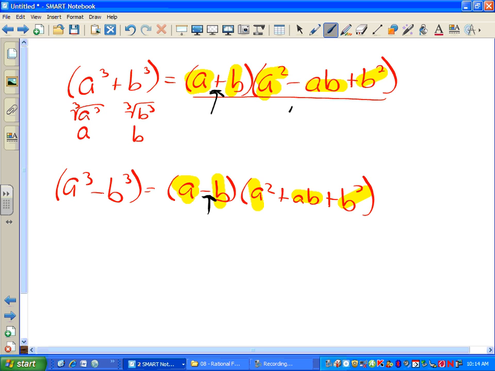In the second position, it's the opposite. If I started with plus here, it goes to minus. If I started with minus here, then it goes to plus. Do you notice that both of them end with a positive? Both of them end with positive.